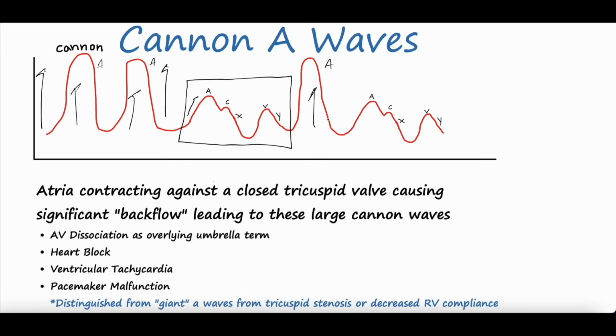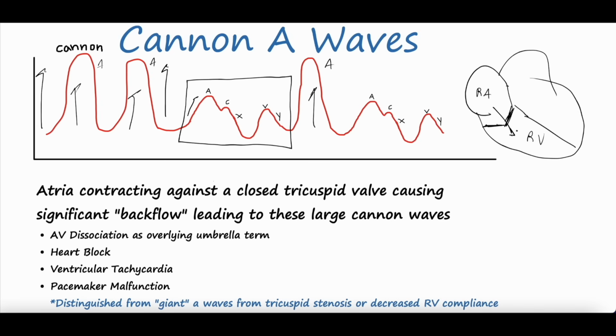Well, that means the right atrial pressure has gone sky high when the right atrium is trying to contract. And what could cause that is if the right atrium is contracting against a closed tricuspid valve, right? If we draw what is going to be not as good of a drawing of the heart, we have the right atrium here, we have the right ventricle down here, and the right atrium empties through the tricuspid valve into the right ventricle.